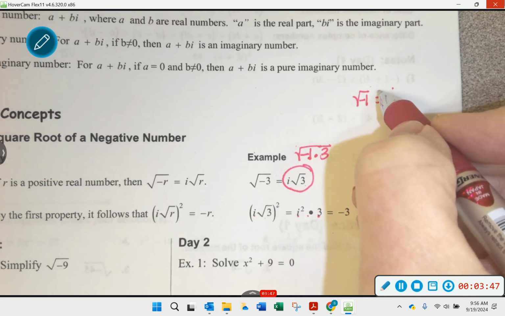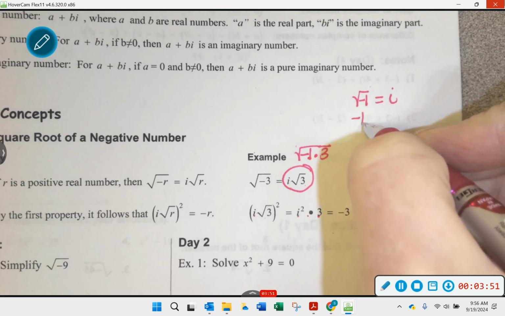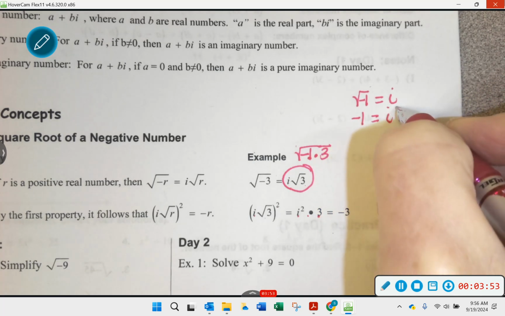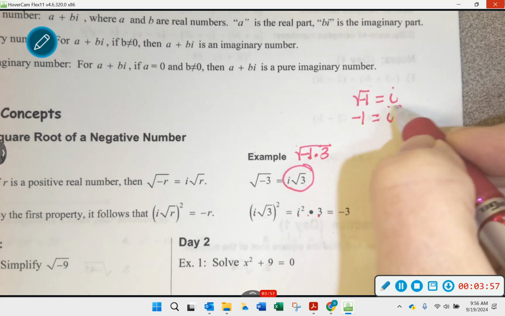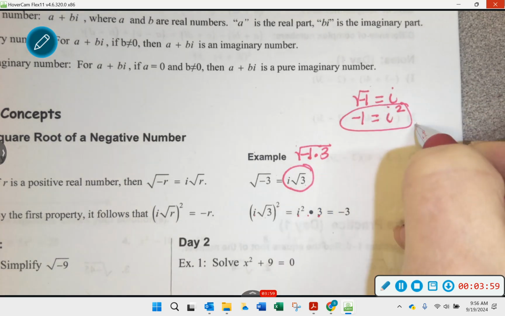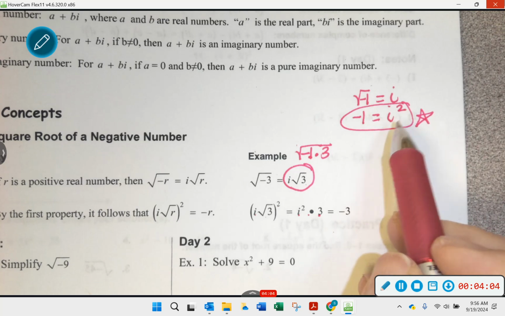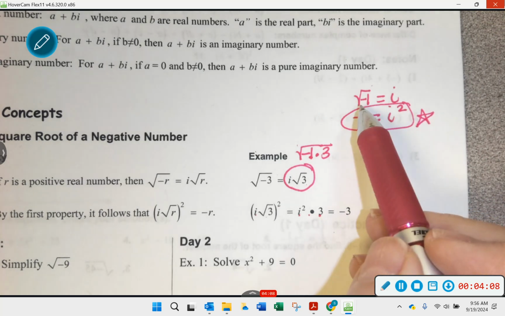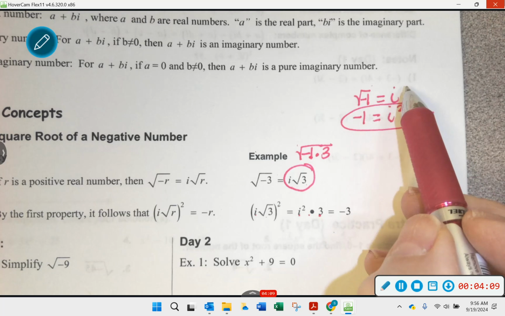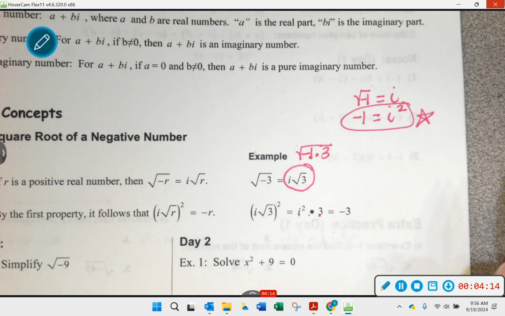So if I square this, then the radical just goes away and I get -1. So i squared is going to be -1. And that's something you just have to know. You might want to write that down and put a star by it. We're going to be using that over and over, that i squared is equal to -1. The reason why is if I square something, the radical goes away.